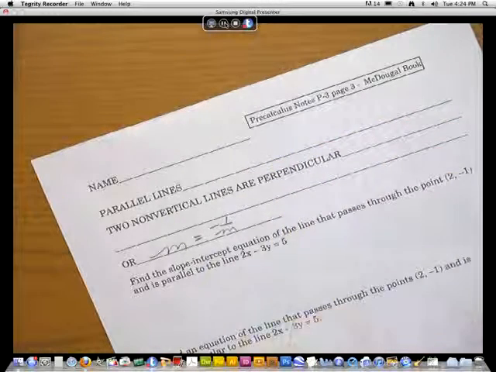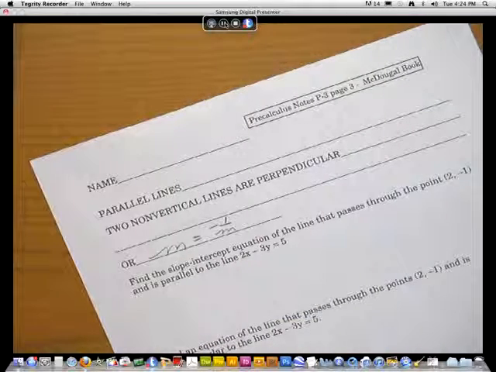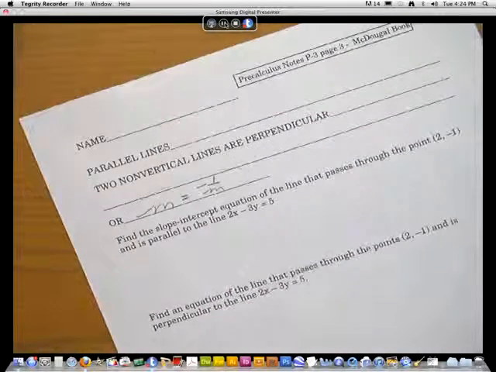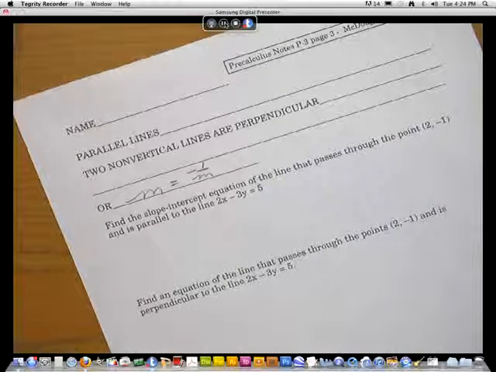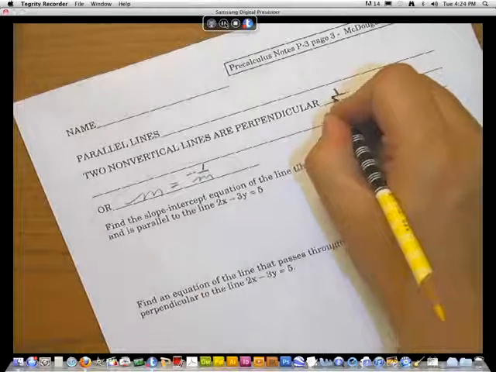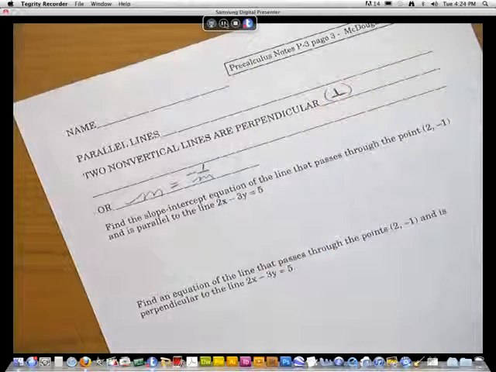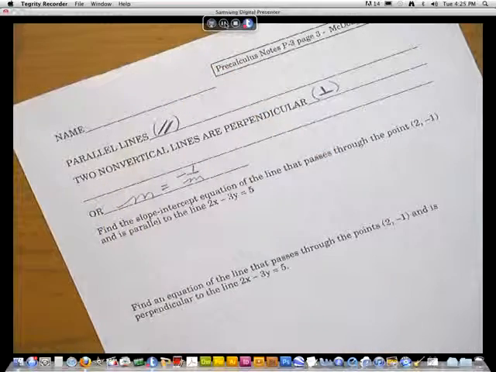So you can fill in the words from the book, but this is the algebraic representation of that. So when you see it, you know that it means perpendicular slopes. For shorthand, for perpendicular we use this upside down T, and for parallel we use 2 slashes.